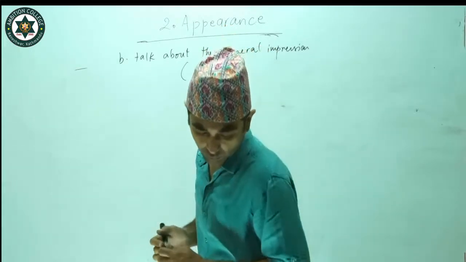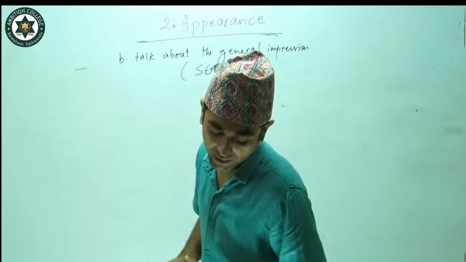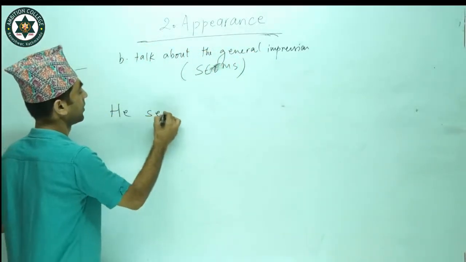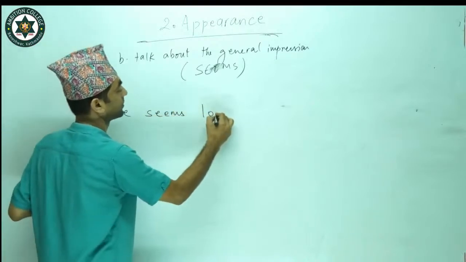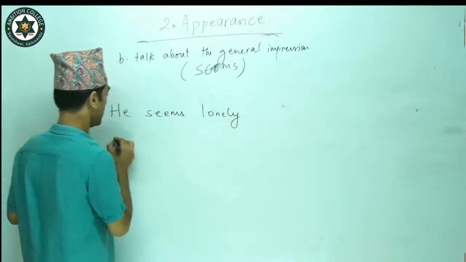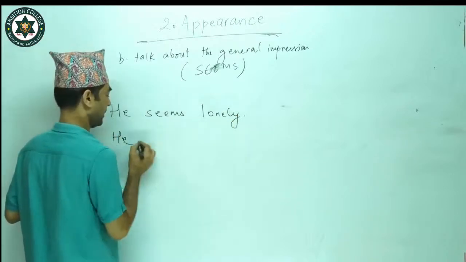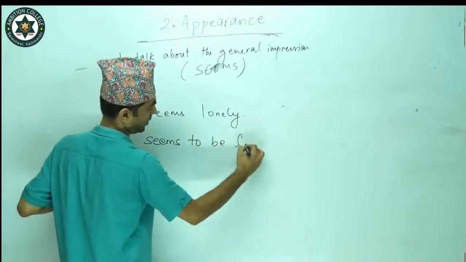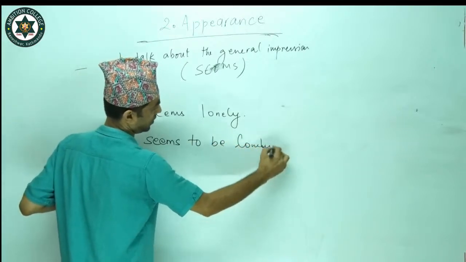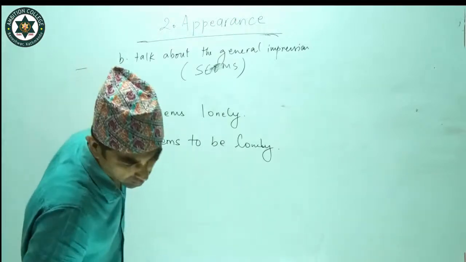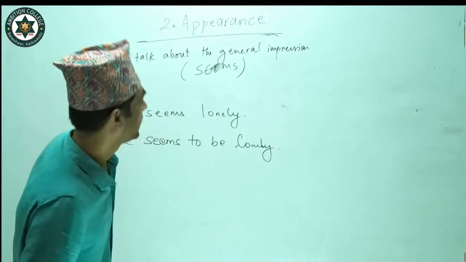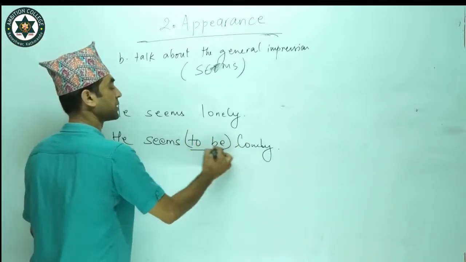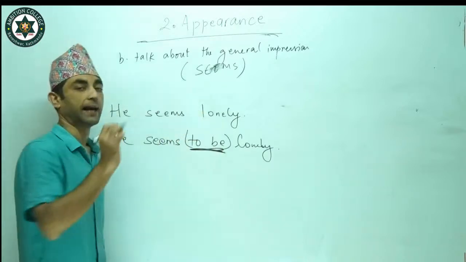Now, we have different ways to do that. For example, he seems lonely. He seems to be lonely. Now here, we can have this to be, or we cannot have it.